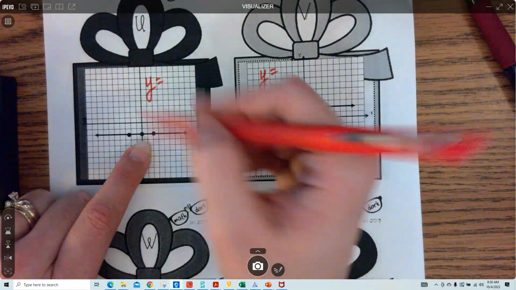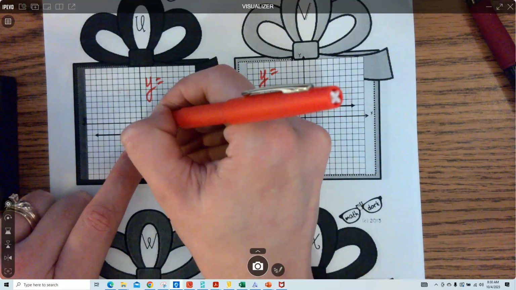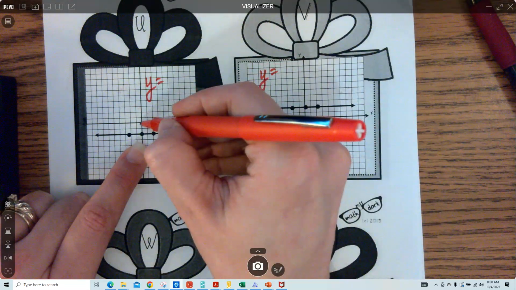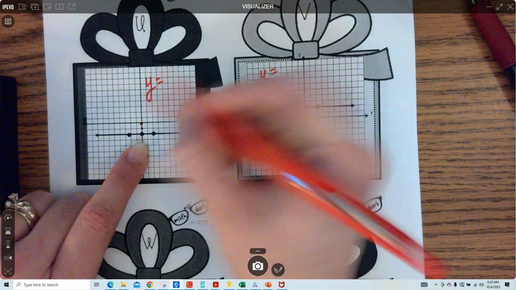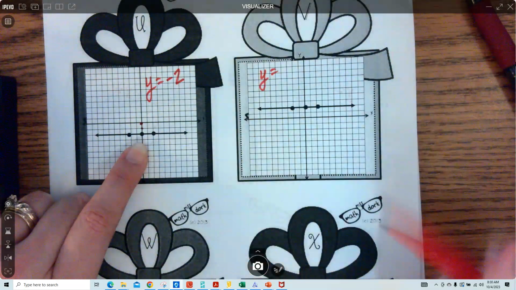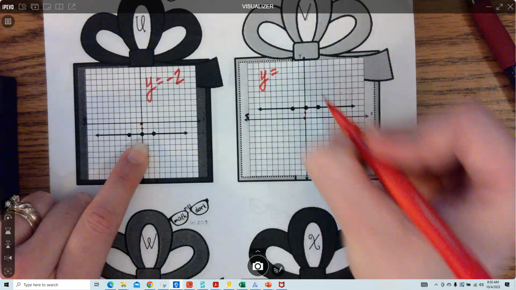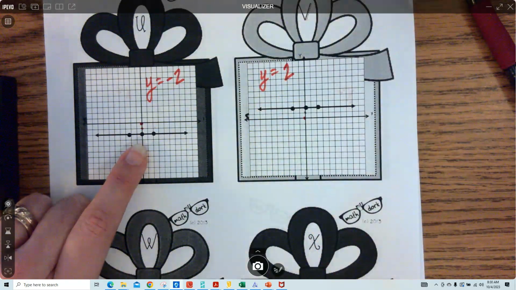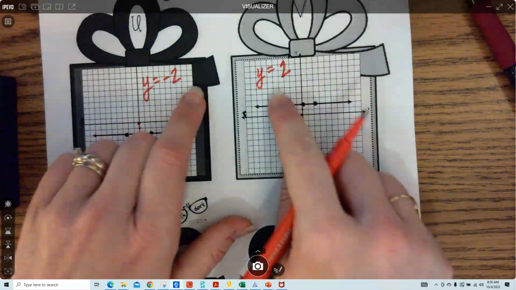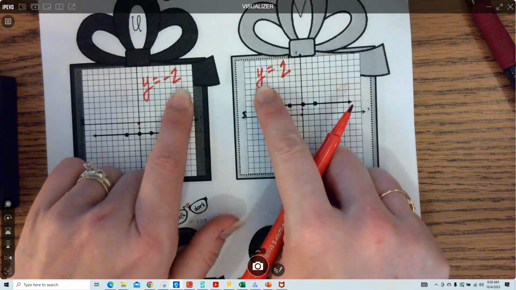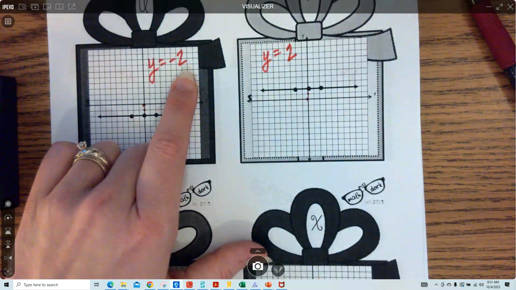Same process, we're just going a different direction. So we're starting at the origin, but this time we're going down. So if I go down 2, it's a -2. If I go up 2, it's a +2. And those horizontal and verticals are always y equals a number or x equals a number, and that's it.